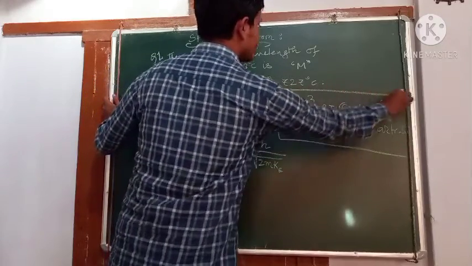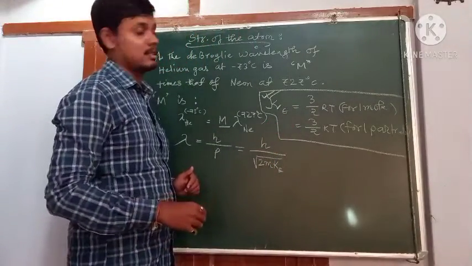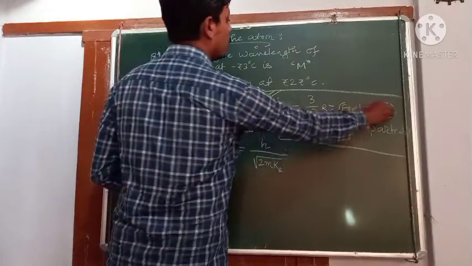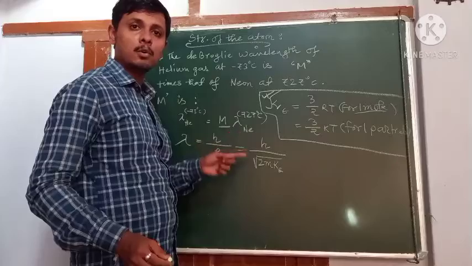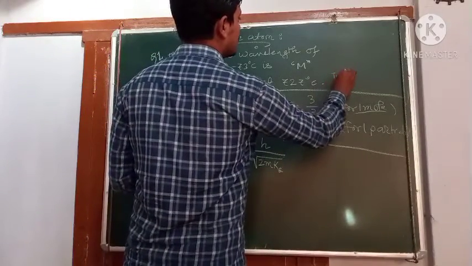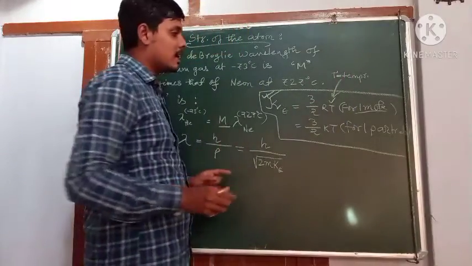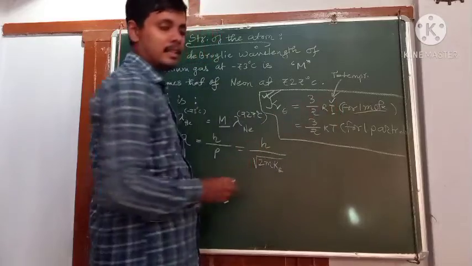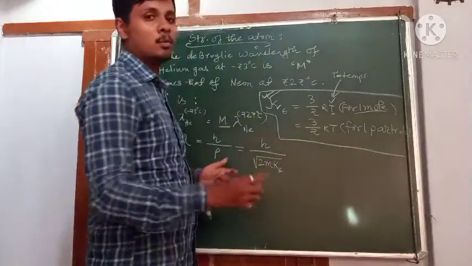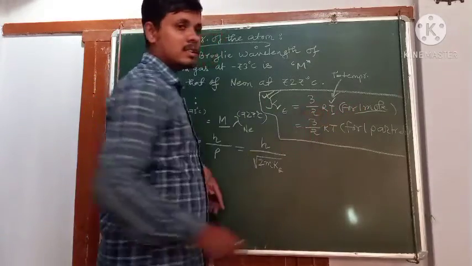Let us go to this relation from the kinetic theory of gases. The kinetic energy of 1 mole of a gas at temperature T is KE equals 3 by 2 RT, where R is the universal gas constant, and T is the temperature.